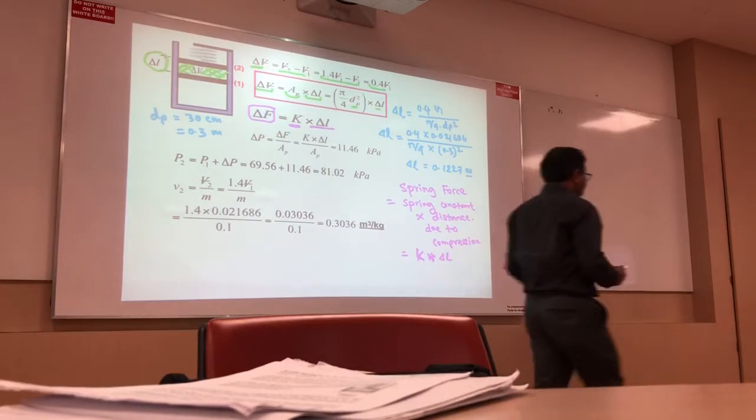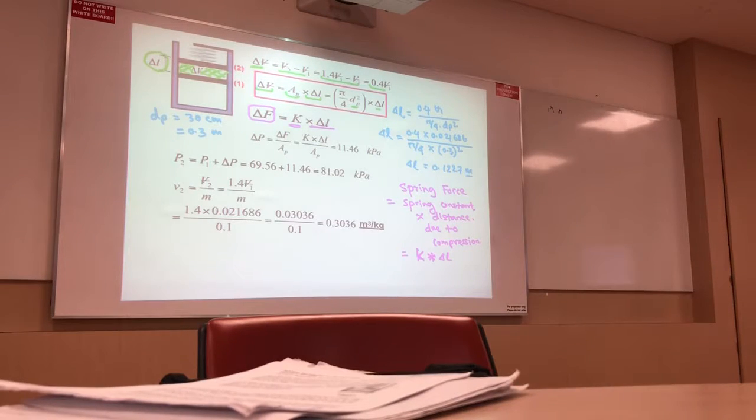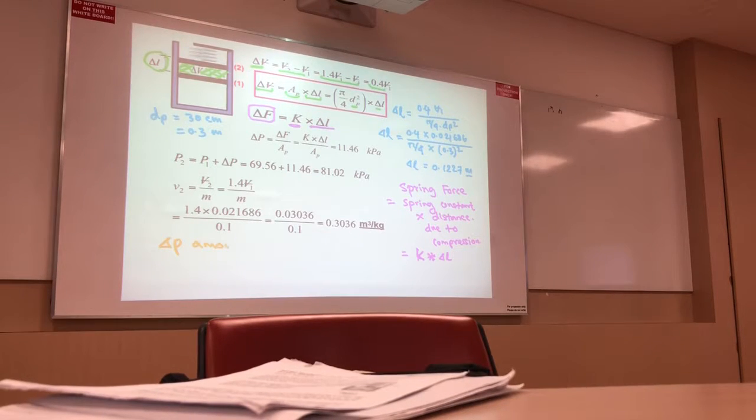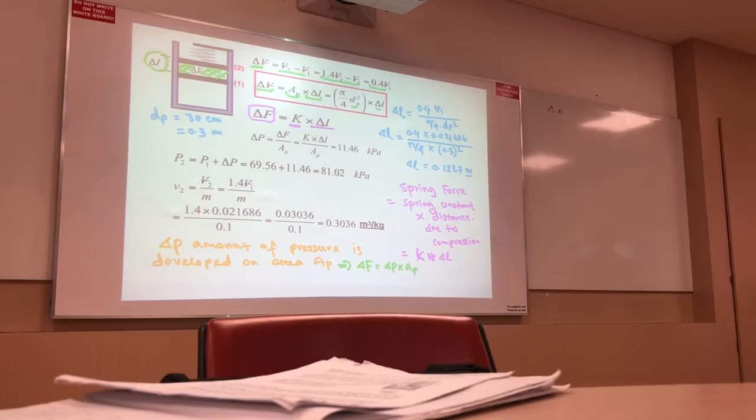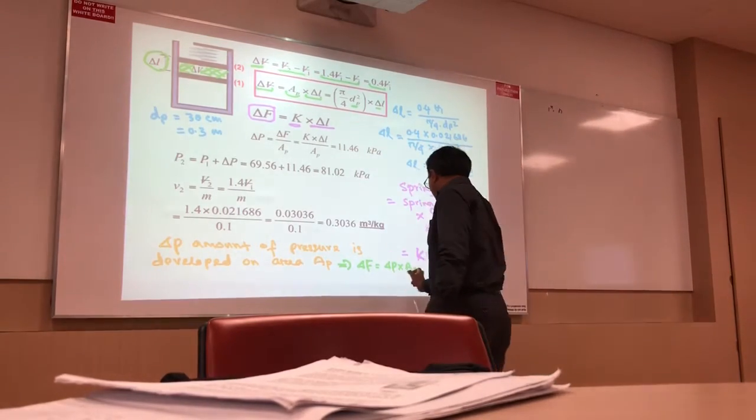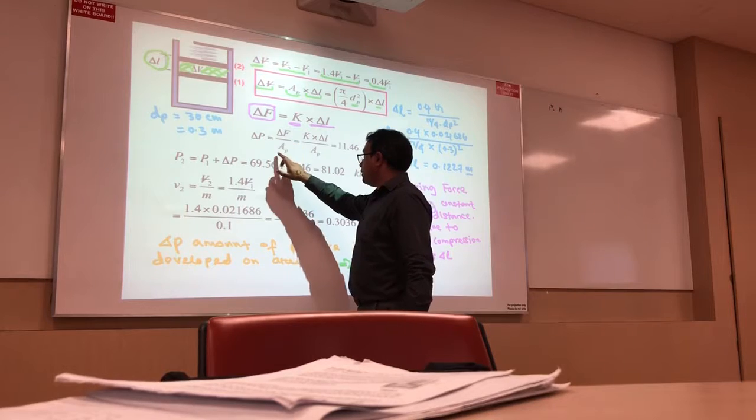That means I can write delta P, this amount of pressure, is developed on this area. Agree? That's why I can write delta F becomes delta P times area of piston. So delta P becomes delta F by area of piston.